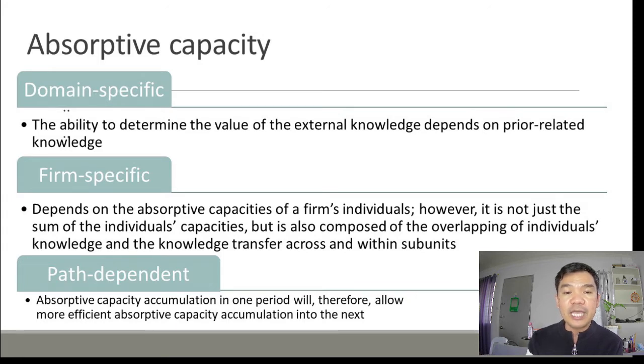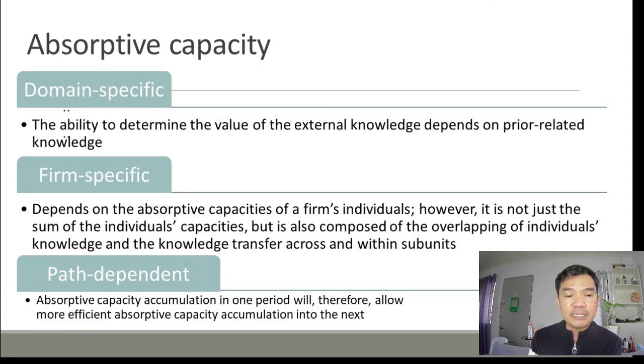That means it depends on the absorptive capacities of a firm's individuals, meaning people in the organization. However, it is not just the sum of individuals' capacity, but it is also composed of the overlapping of individuals' knowledge and the knowledge transfer that occurs within subunits. So this is relationship related: firm specific, the individuals and the relationship between individuals.